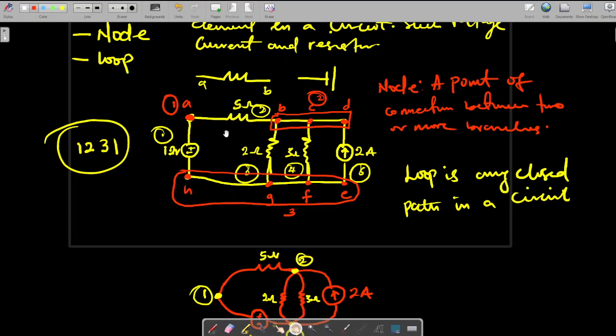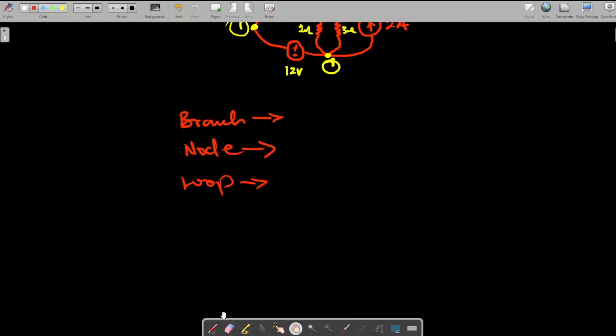But if I move from A in this particular place, the first loop I formed in this place is called a mesh. And what do we mean by mesh? A mesh simply means a small loop that cannot be broken further.